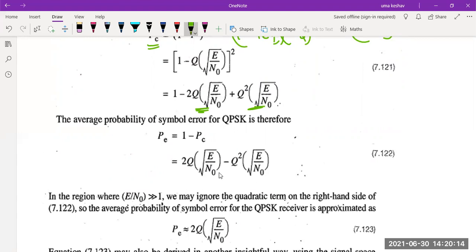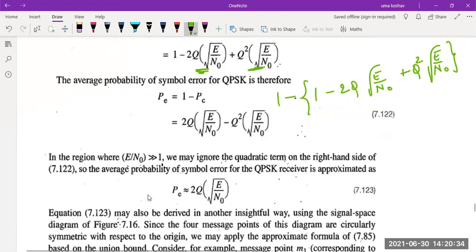And because of the negative sign, I'll have 1 minus 2Q root E by N naught plus Q square root E by N naught. Because of this minus sign going inside, this becomes positive, this becomes negative.